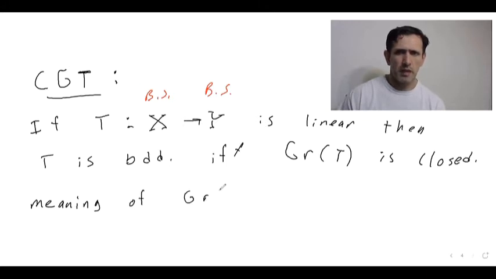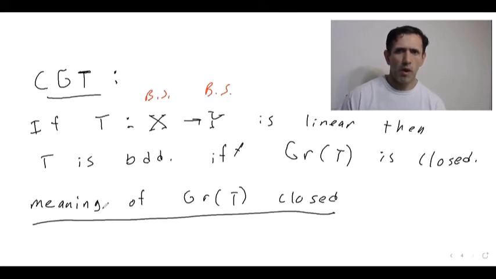So what's the meaning of the graph being closed? One direction of the closed graph theorem is basically trivial: if T is bounded, then the graph is closed.